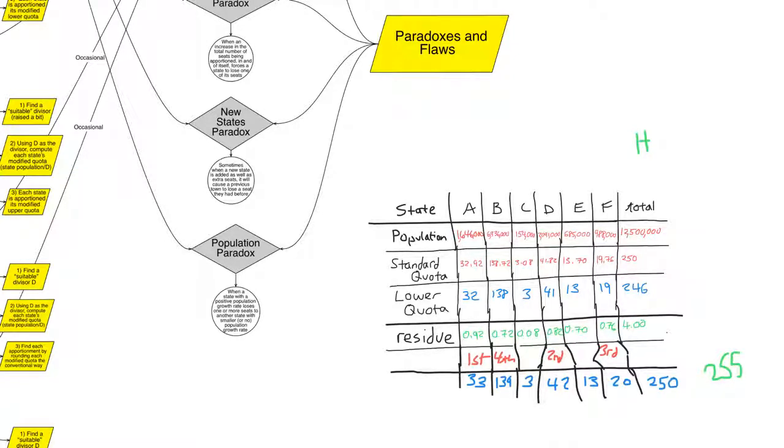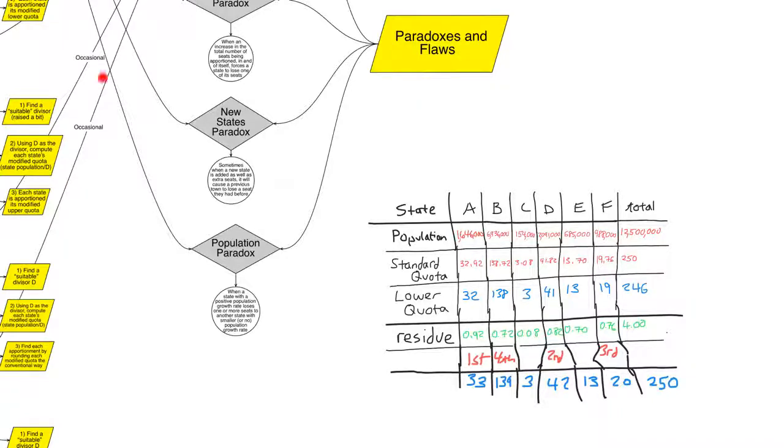That will occasionally cause some of these states to lose a seat. Okay? So that's the new states paradox, which is one of the flaws of Hamilton's method.